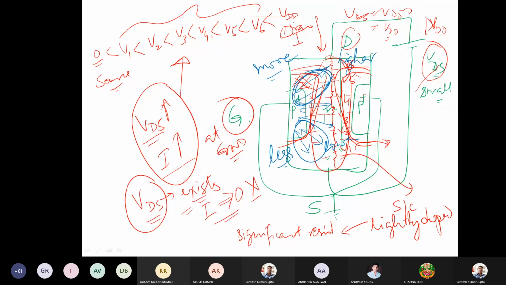But it is not like that in this case, because as soon as the current tries to become zero, there will be no voltage drop across this channel region, and there will be no more reverse biasing, and no such criteria will exist.